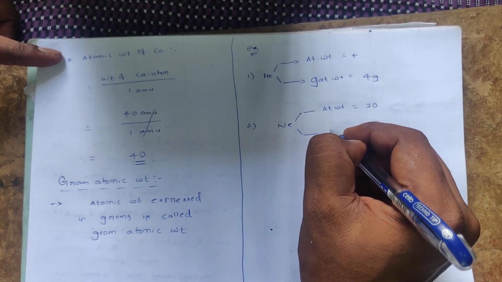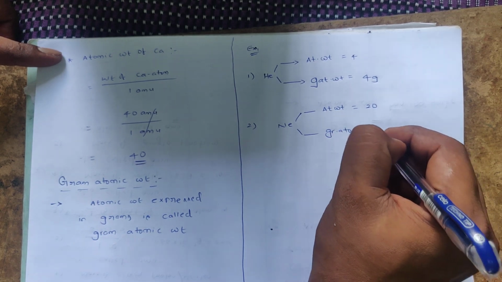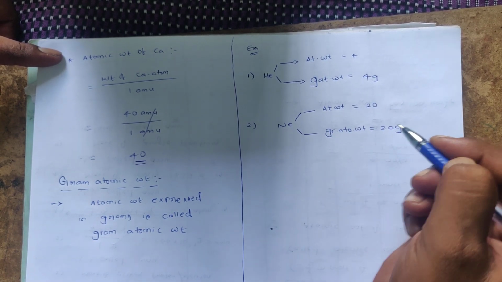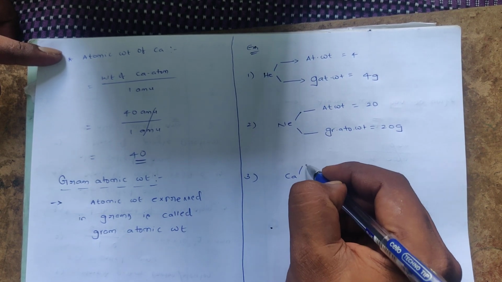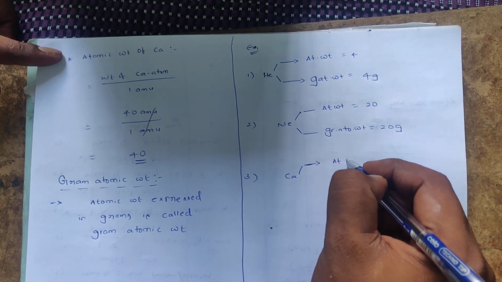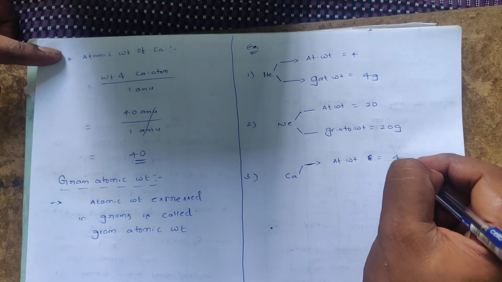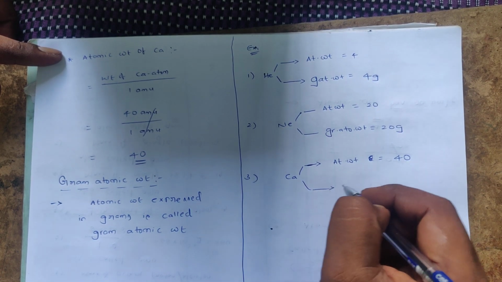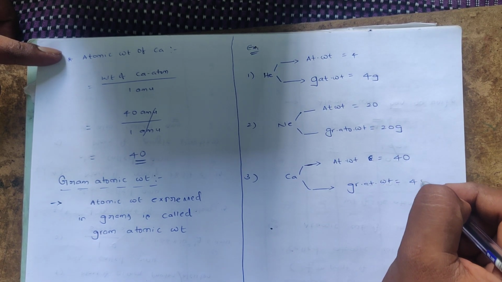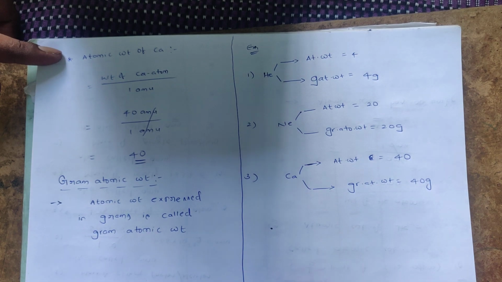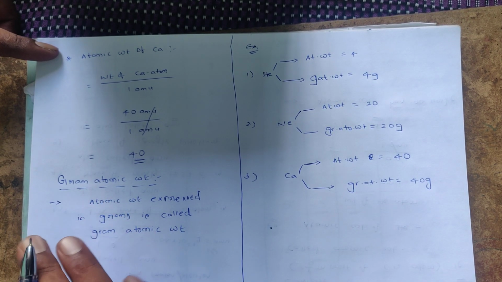What is gram atomic weight of neon? Gram atomic weight is nothing but atomic weight expressed in grams, that is 20 grams. Take next one, calcium. What is atomic weight of calcium? Atomic weight is equal to 40. Gram atomic weight is equal to 40 grams, since atomic weight expressed in grams is called gram atomic weight. Like this, we used to define gram atomic weight.